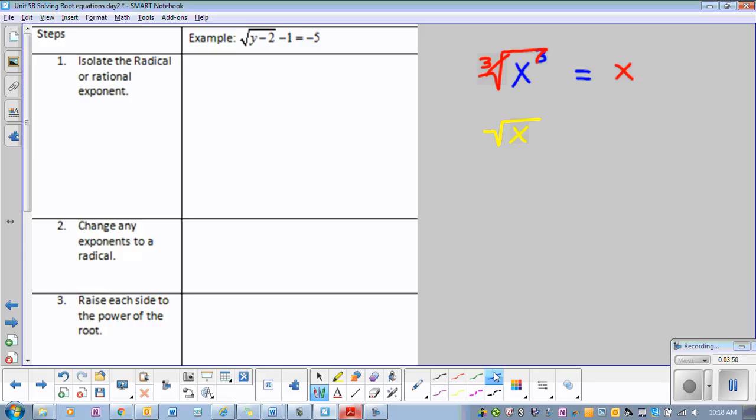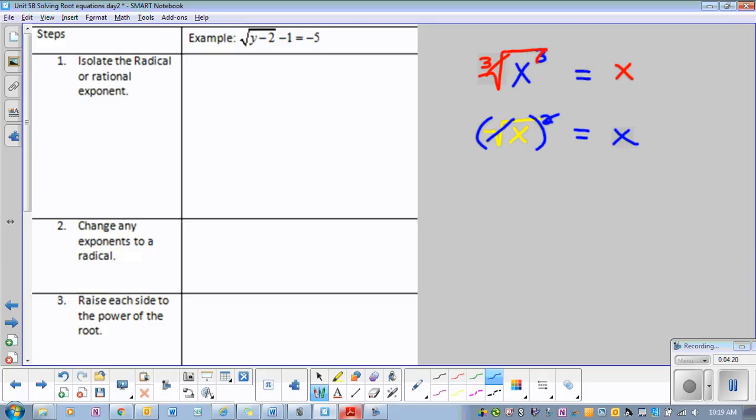You take it to the power, right? Basically, we're just going the other way this time. Since that's a square root, I take the square. Okay? So last time I went from exponent and I had to take the root. This time, we're starting from the root and I got to take the exponent. That's what we're doing, okay? Just backwards.